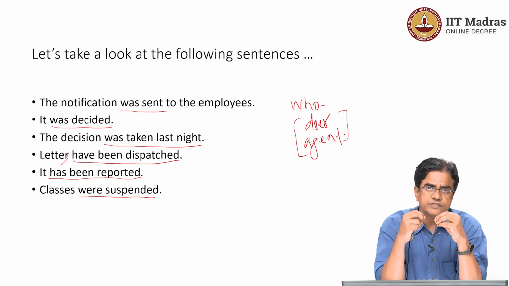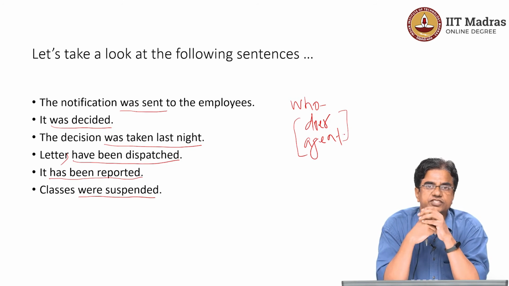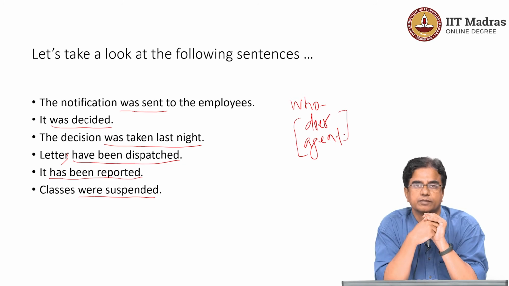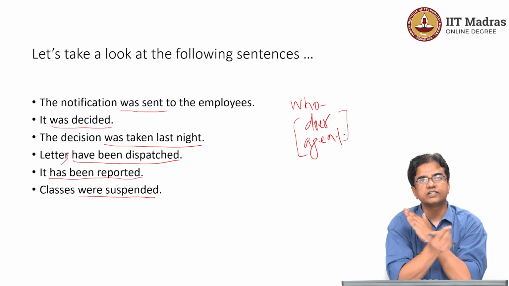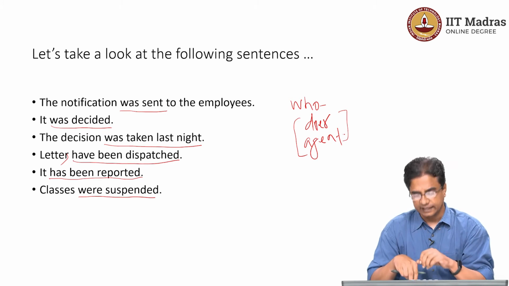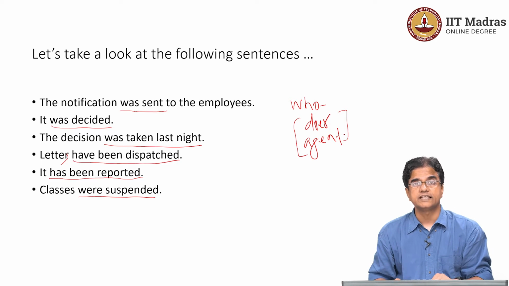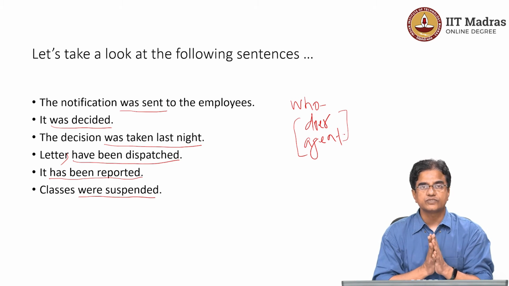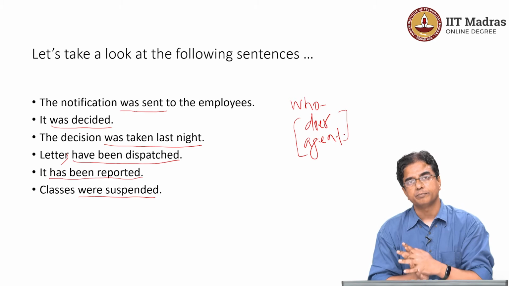So, what happens is we want to remove the agency. This is the main function of a passive sentence, that we don't want to talk about who did something. So, we convert the sentence into something else. Also, please keep in mind that we have talked about a sentence so far as subject and predicate.